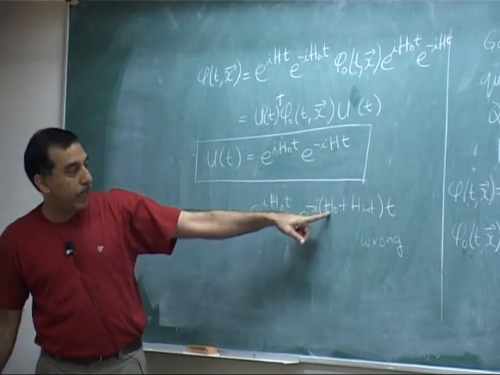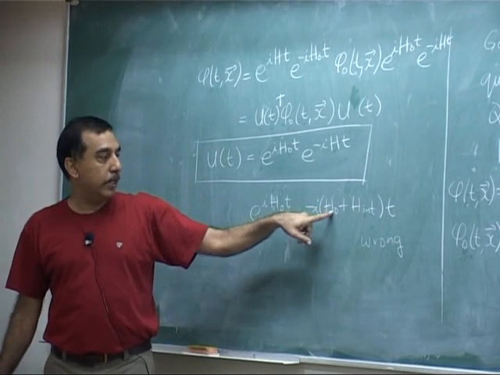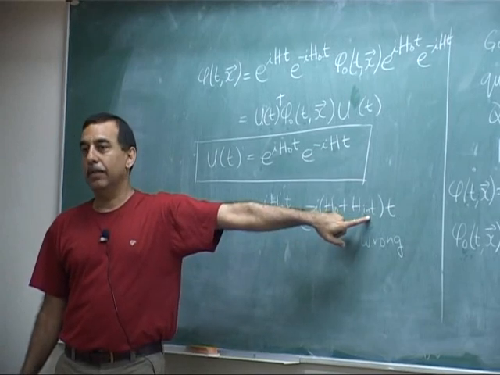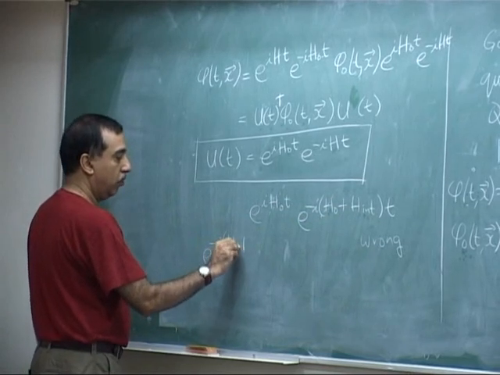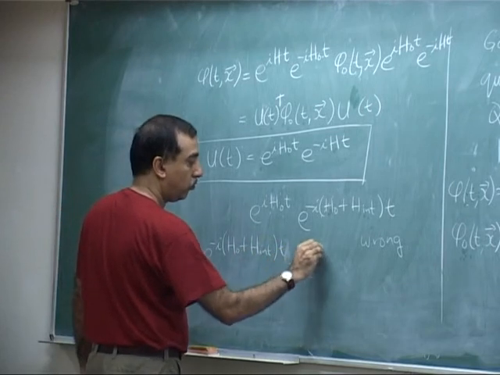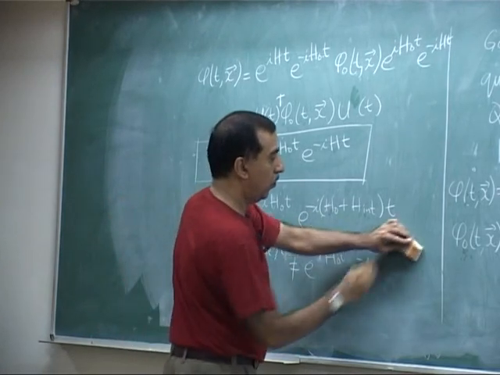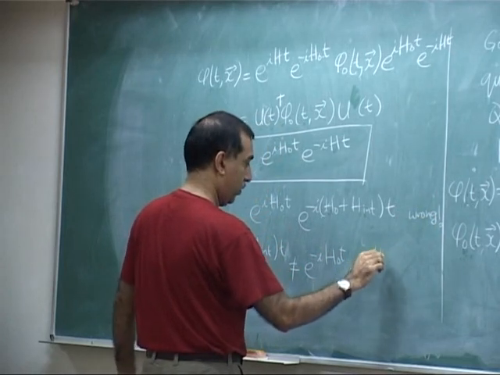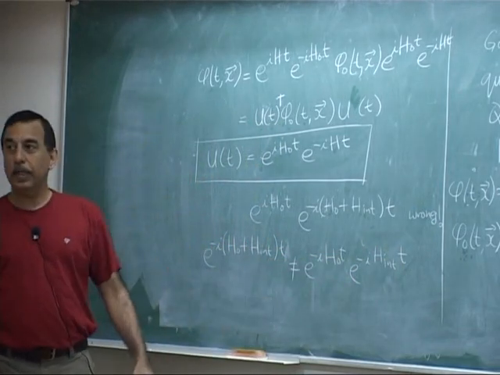Because we have H naught and H int in the exponential, and we cannot write e to the H naught plus H int as e to the H naught times e to the H int. So e to the minus i times H naught plus H int times t is not equal to this product. Why?